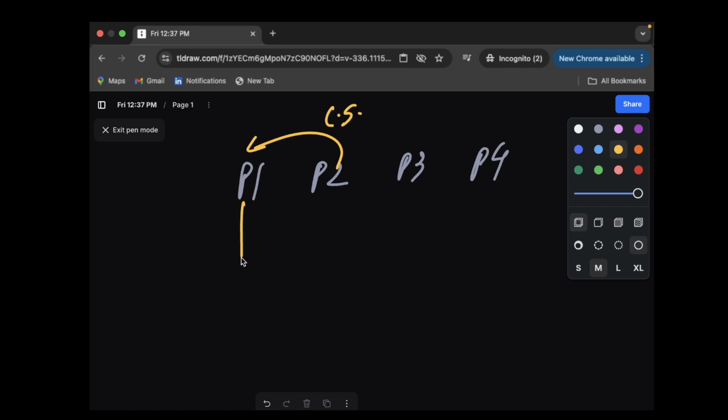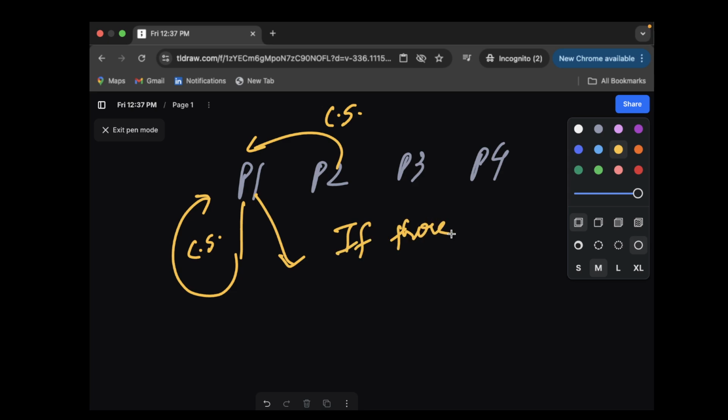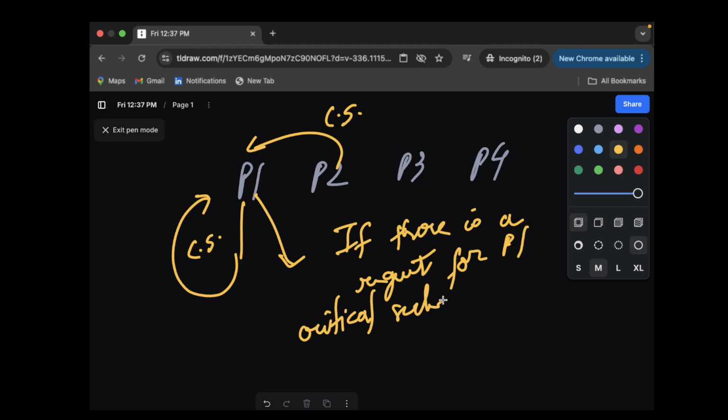Now P1 should not keep entering its own critical section, otherwise P2 will never get its turn. So if there is a request for the critical section, then there should be a limit on it as well.